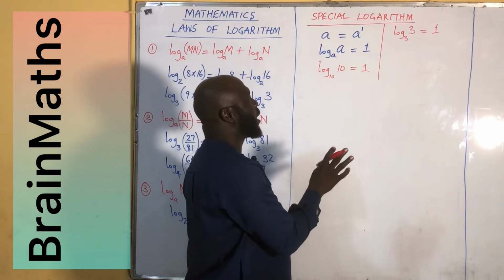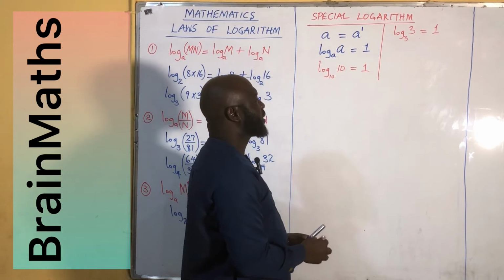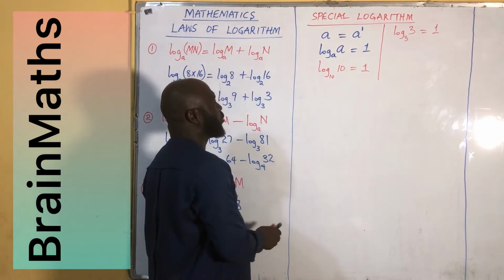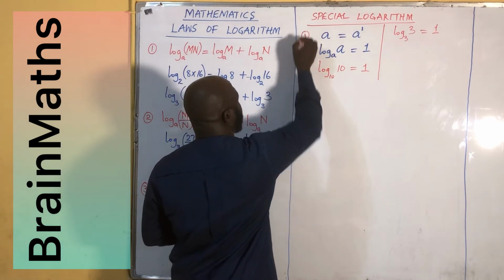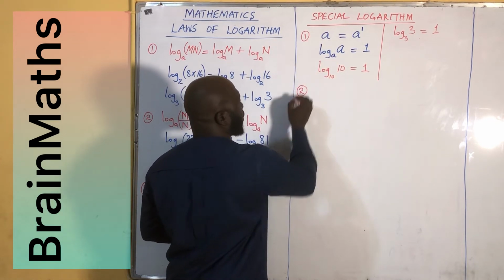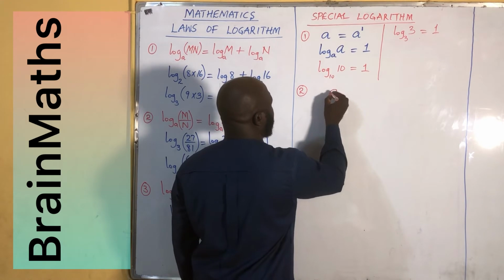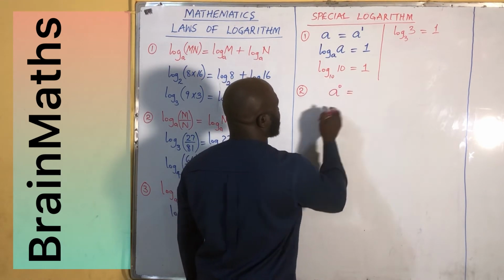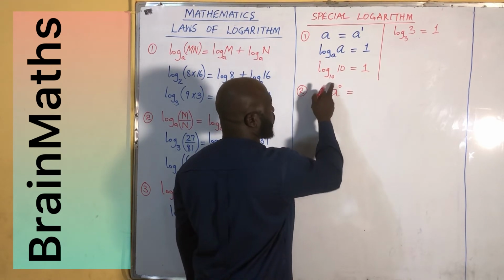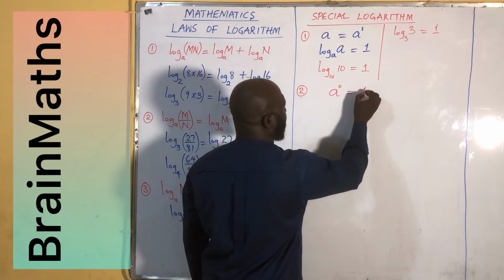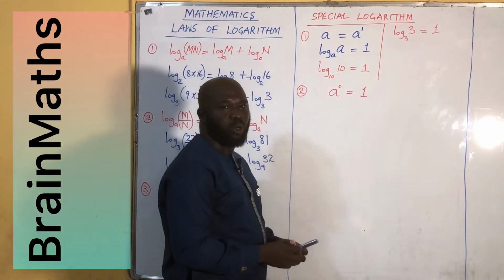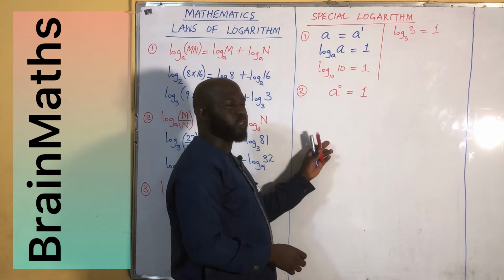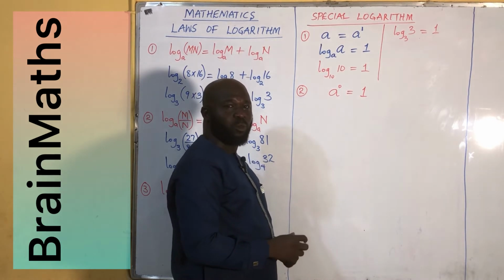For every number, this is true. The second special logarithm, don't forget as well, a raised to power 0 equals to what? 1. Any number in the world that is raised to the power of 0 will always give us what? 1.